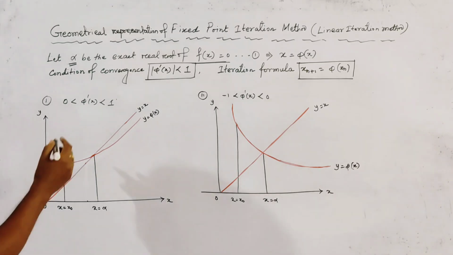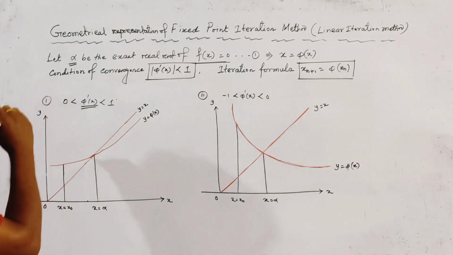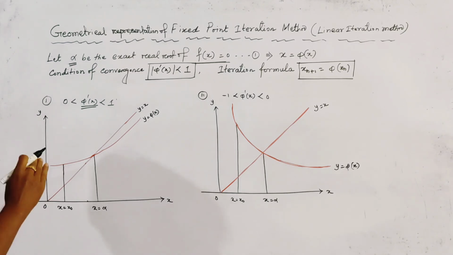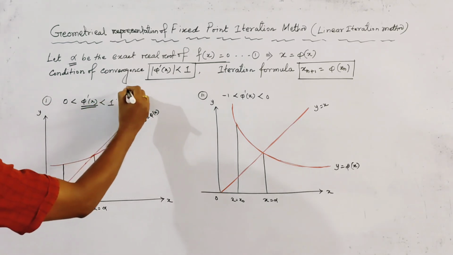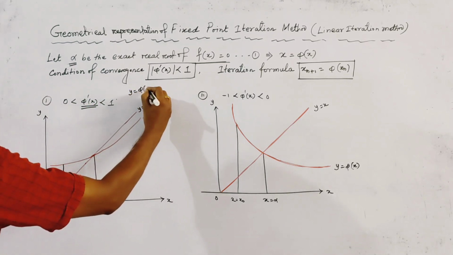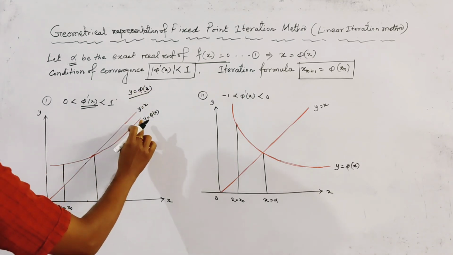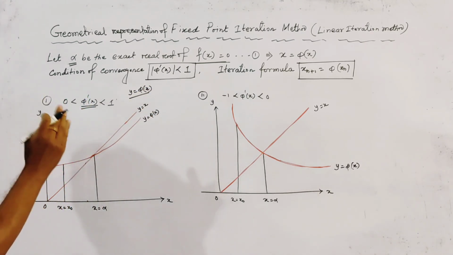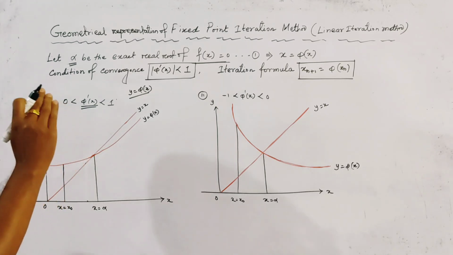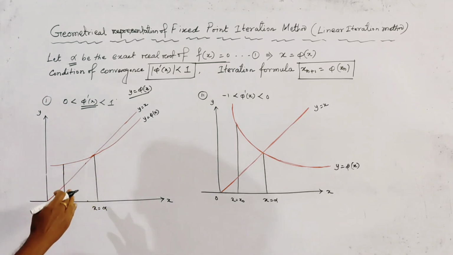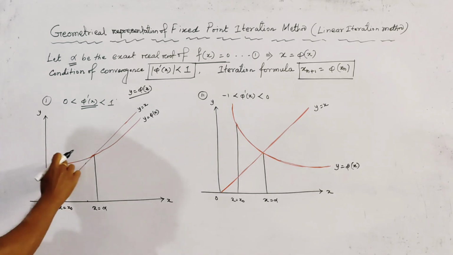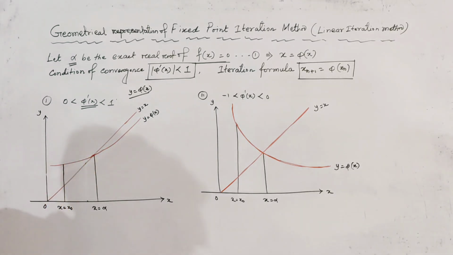In this case, the derivative of phi(x) is less than 1 and greater than 0. So, if we draw the curve y = phi(x), whose tangent at any point always makes an acute angle with the positive direction of the x-axis, we draw this curve in this manner.